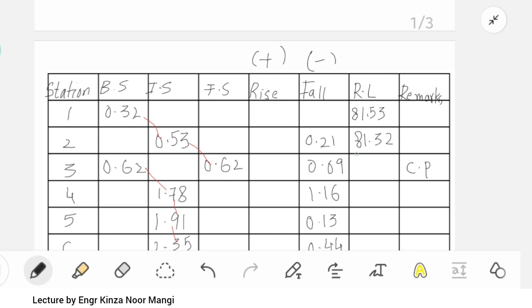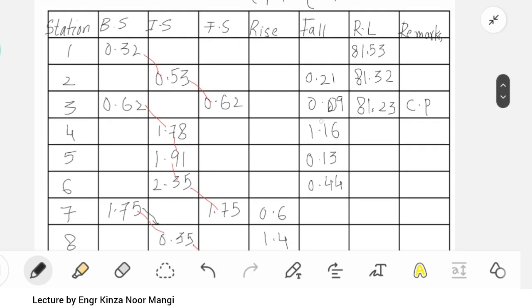81.32. Then again 81.32 minus 0.09 will give us, not 81.32 but 81.23.